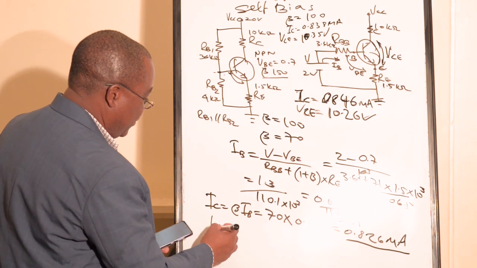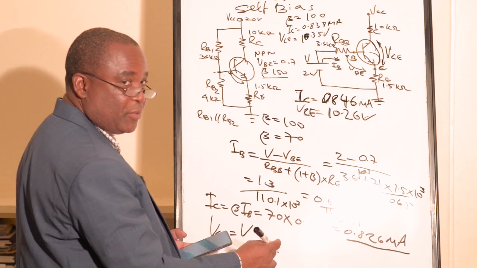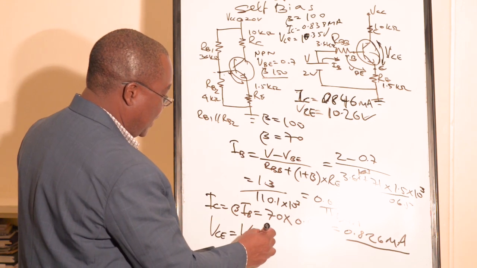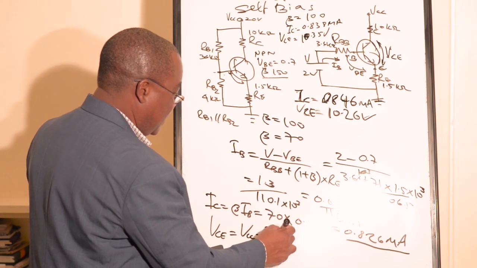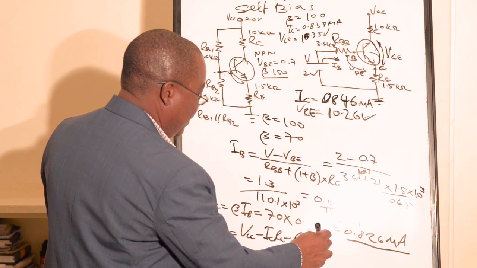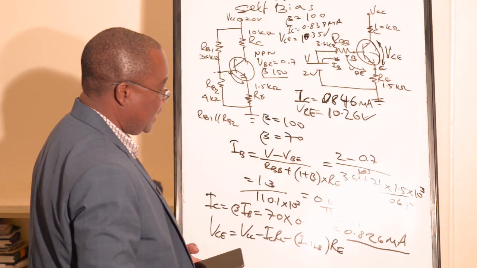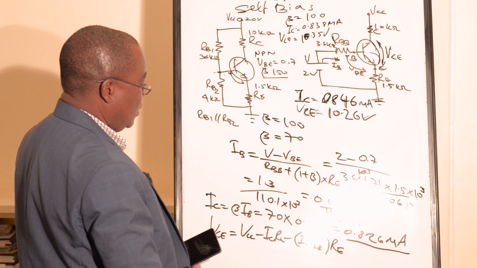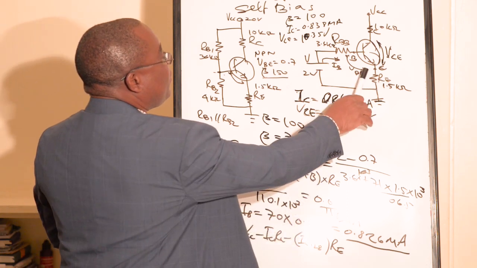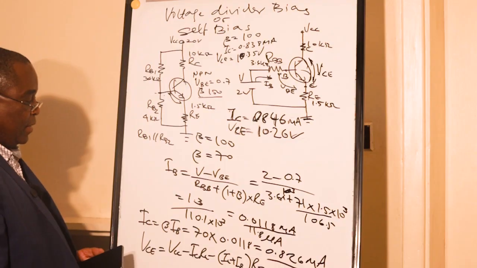So we are looking again for VCE, collector emitter voltage. The formula by Kirchhoff's voltage law is VCC minus IC RC minus IC plus IB times RE. At RE we have two currents, IB coming here, also IC is coming here.